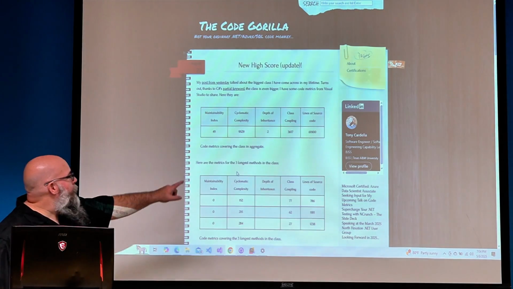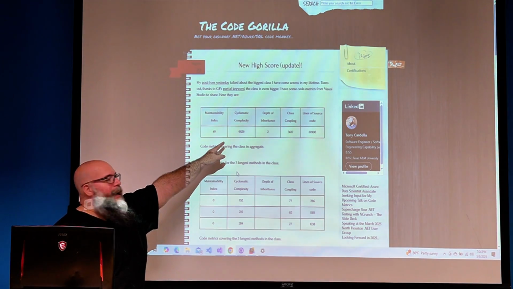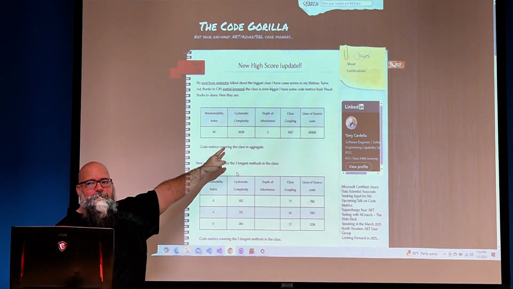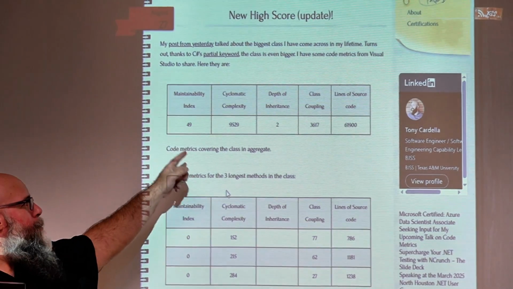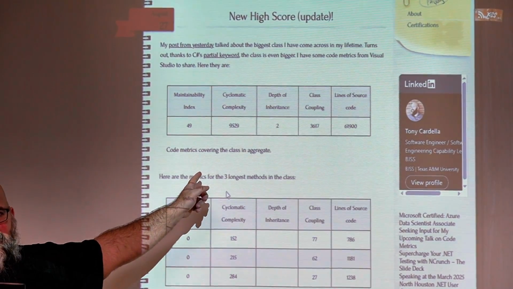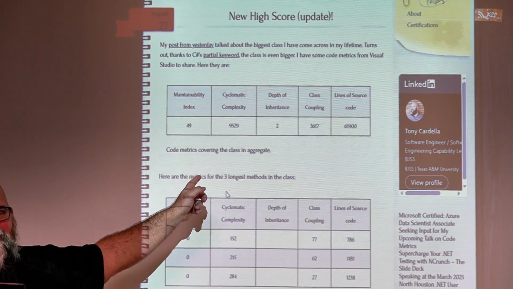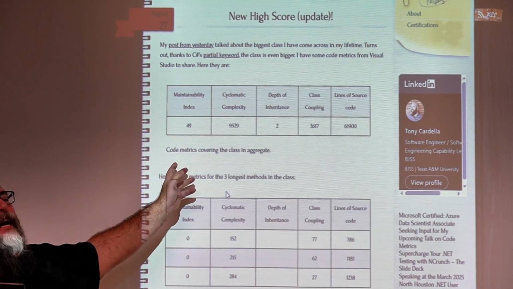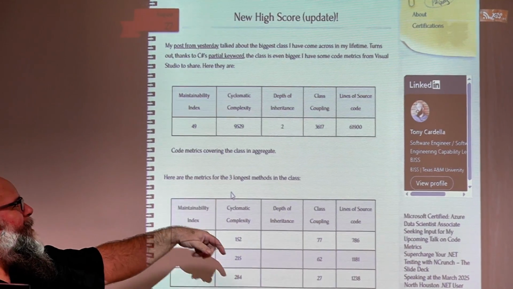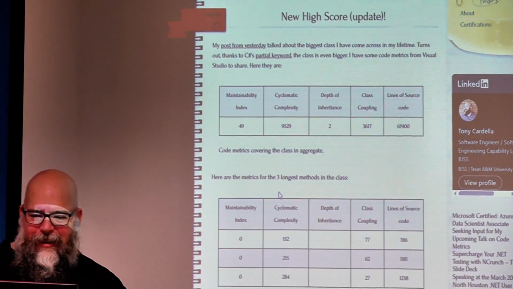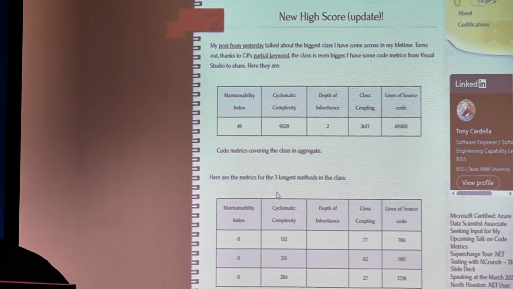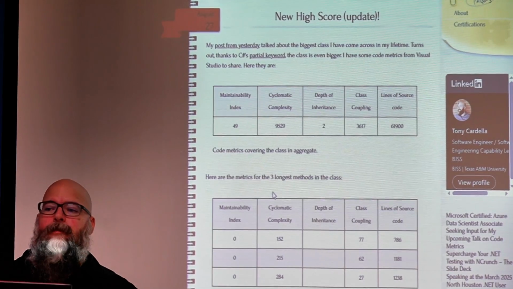Okay, cyclomatic complexity on that class is 9,529. There are 9,529 possible paths through that code. And you're going to write a unit test over even if you got 80% of that, it's insane. That's for all the functions within the class? Yeah, it's just for that class.